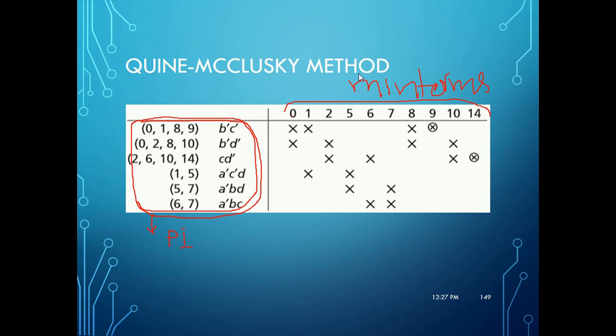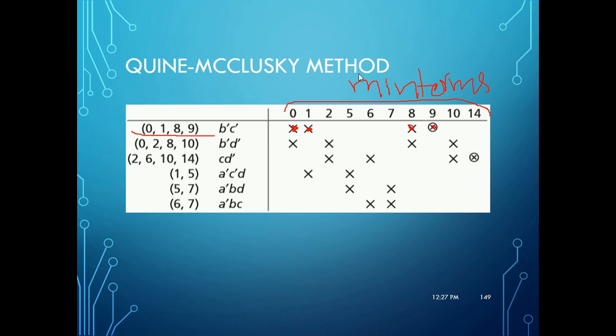Based on the values in the prime implicants on the left-hand side, you are going to cross mark. First, point out 0, 1, 8, 9.